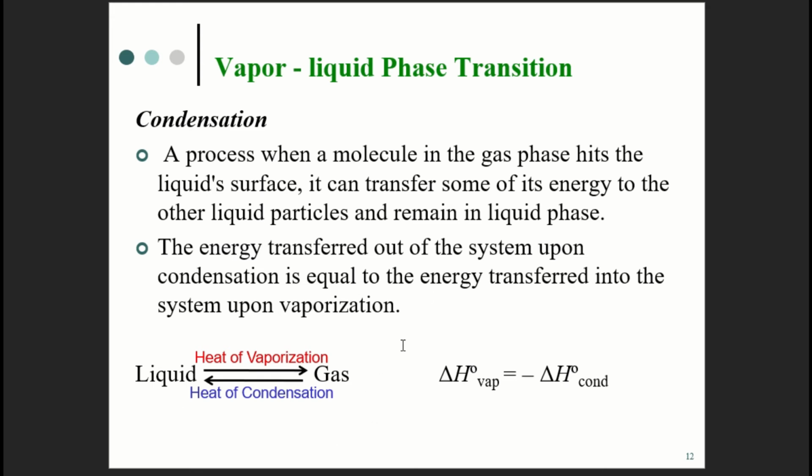At yun na nga po yung tinutukoy ng definition natin here. Okay? Na yung energy ng vaporization is equal dun sa energy na mawawala during condensation. So, in a negative value. Okay? Kasi kaya siya negative kasi yung mawawala sa kanya.